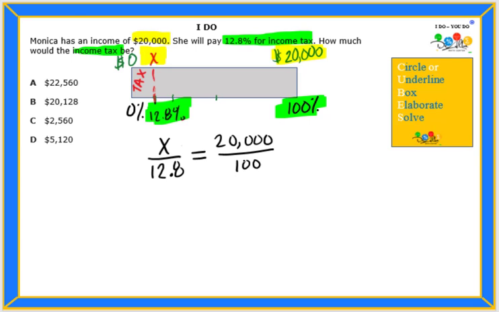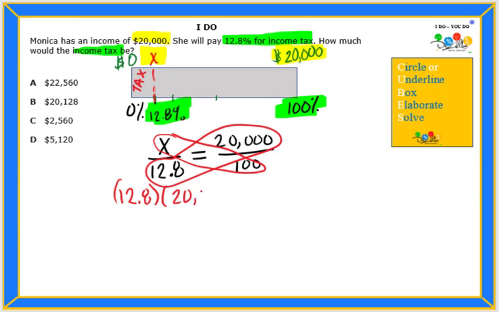And now I can use my cross products. So I'm going to multiply 12.8 times 20,000. And I'm going to multiply x times 100. So 12.8 times 20,000 is equal to 100x.